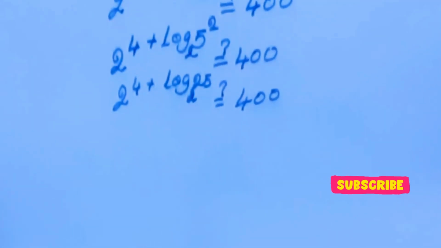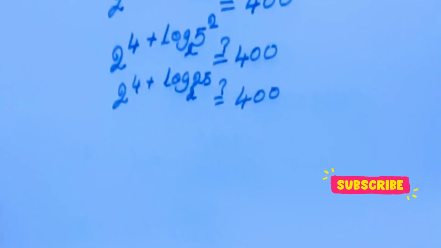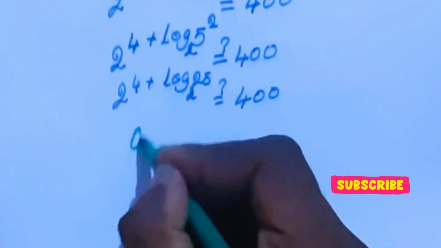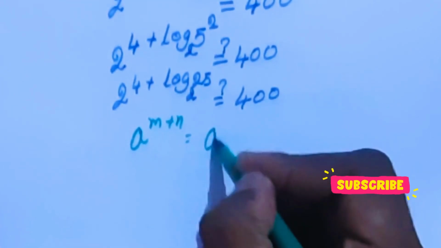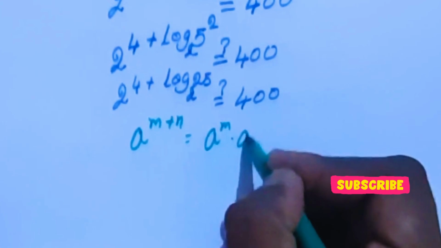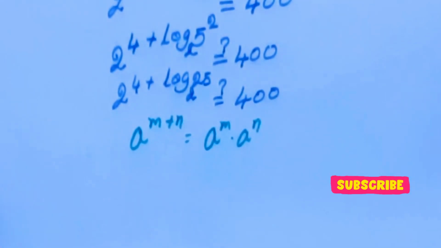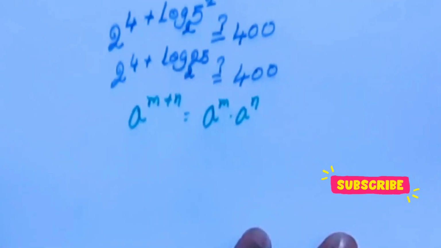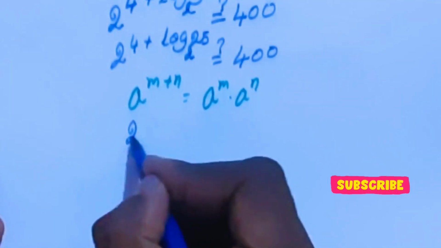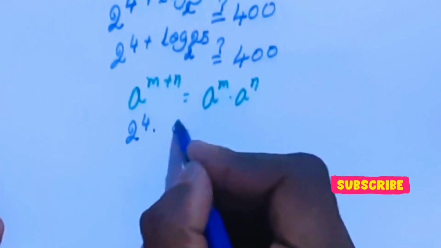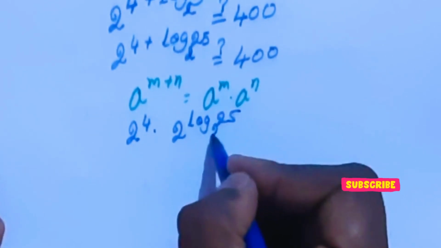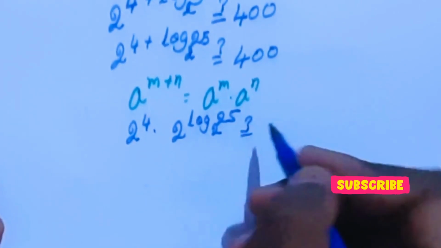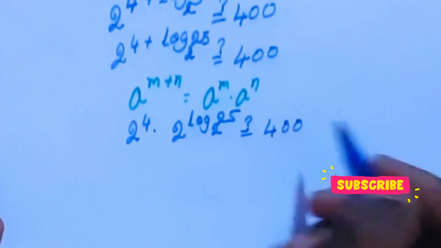Now we are going to apply this formula here, that is a power m plus n equal to a power m times a power n. This we are going to implement here. So we'll get 2 power 4 times 2 power log 25 base 2 equal to 400.